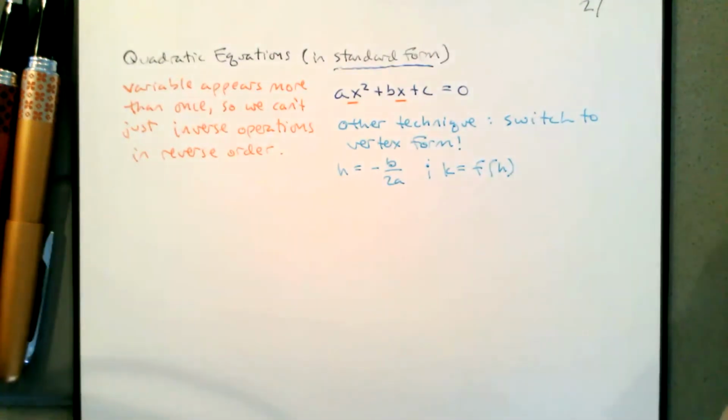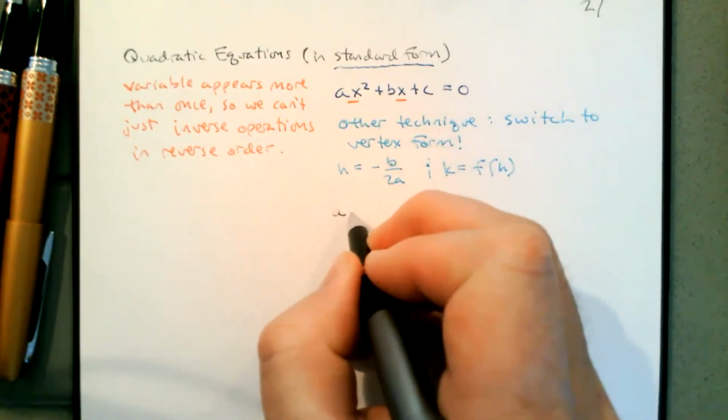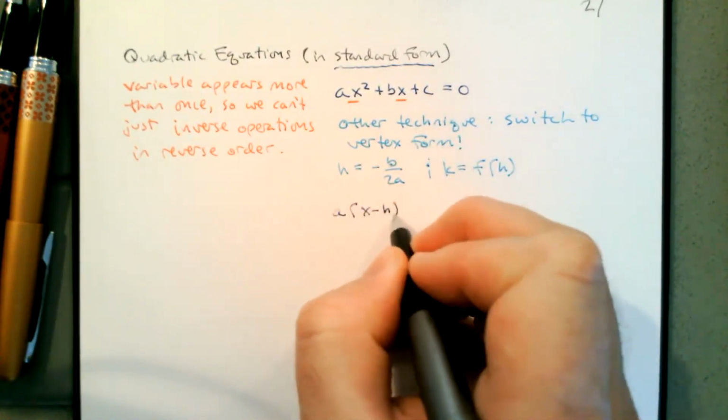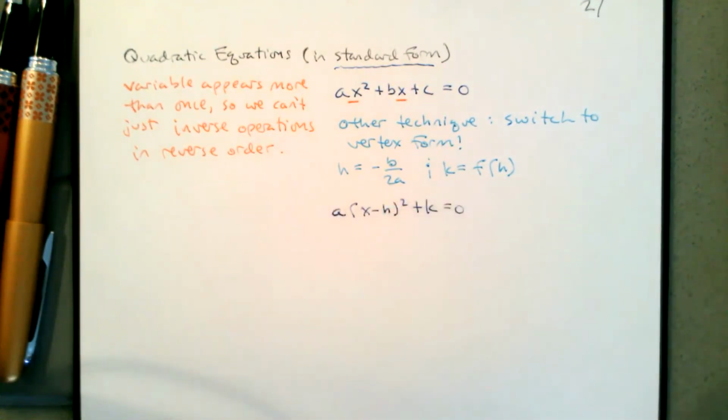Then we can rewrite ax squared plus bx plus c equals 0 as a times x minus h squared plus k equals 0. So our other technique, switching to vertex form, allows us to do inverse operations in reverse order.